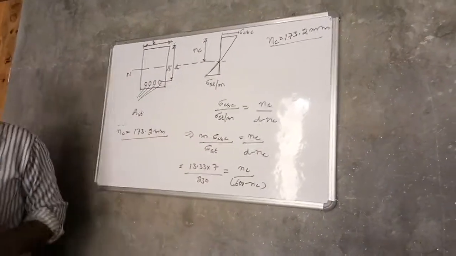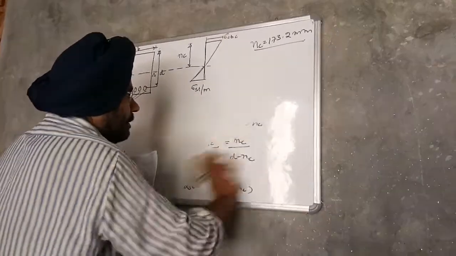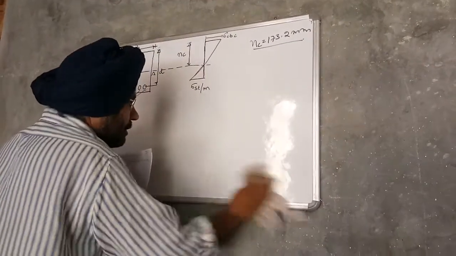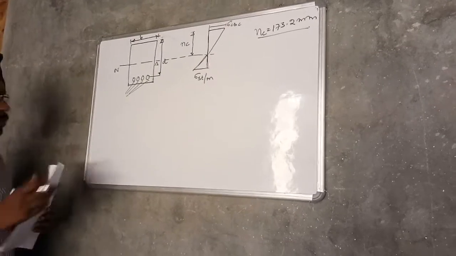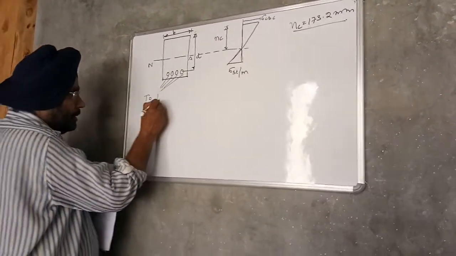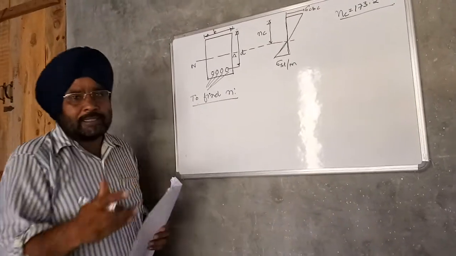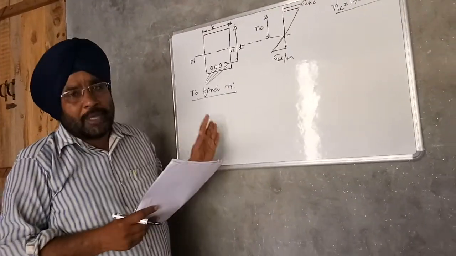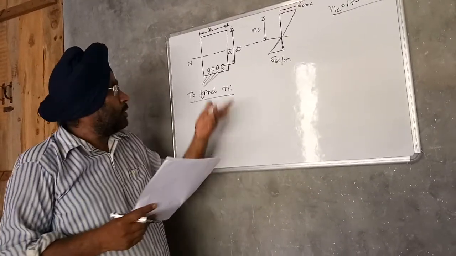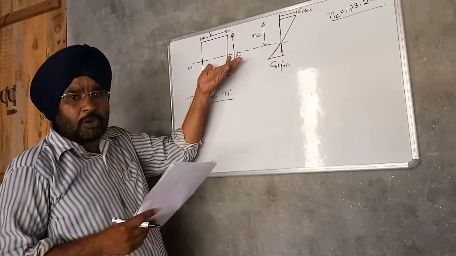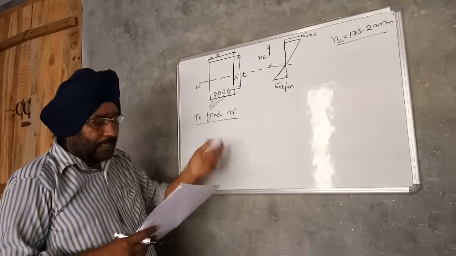Then to find n, the depth of the actual neutral axis, we take moment of areas of the compression side and tension side about the neutral axis, because this neutral axis divides the cross section of the beam into two zones. This is the compression zone and this is the tension zone.